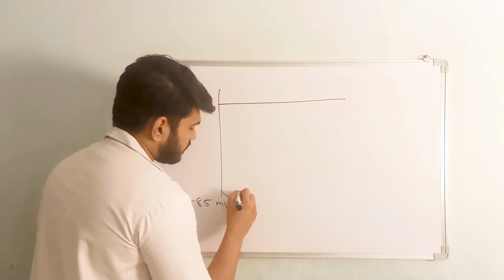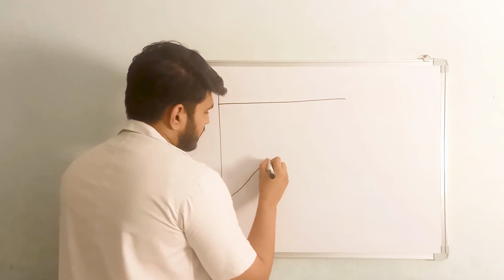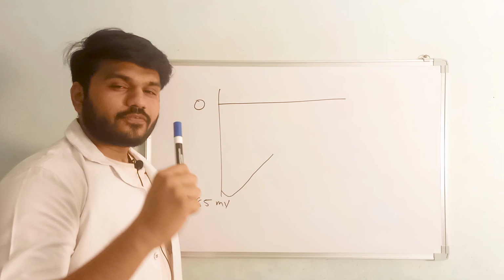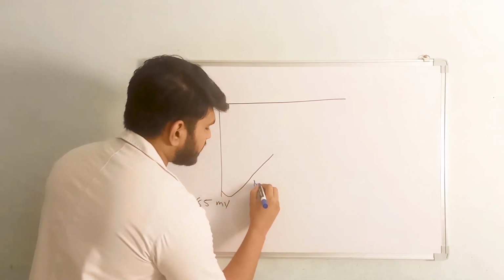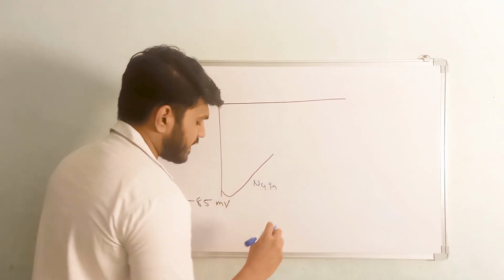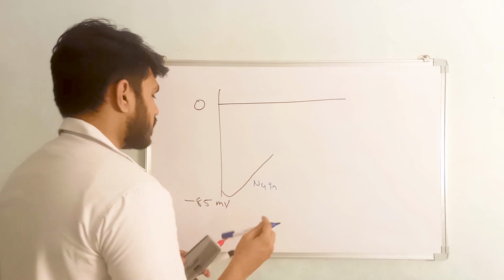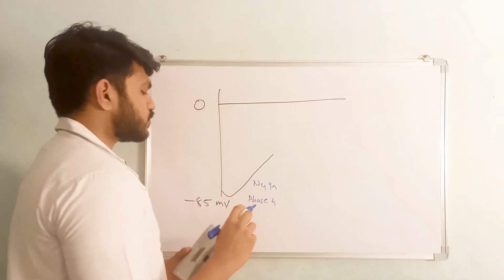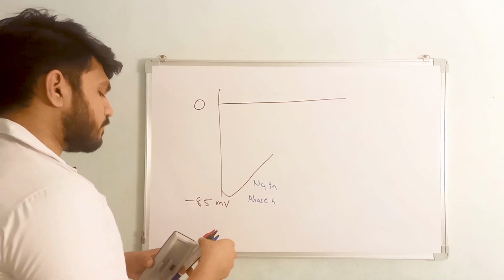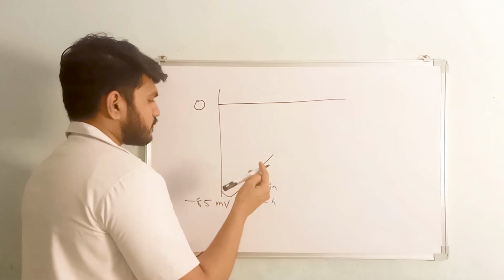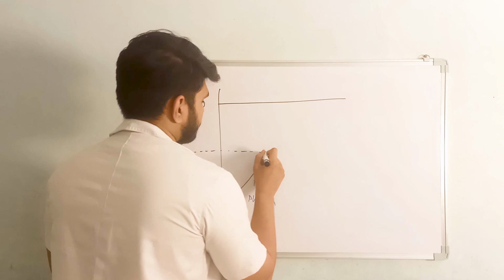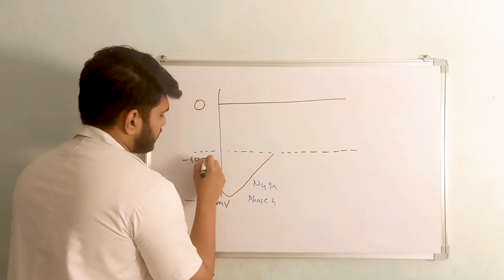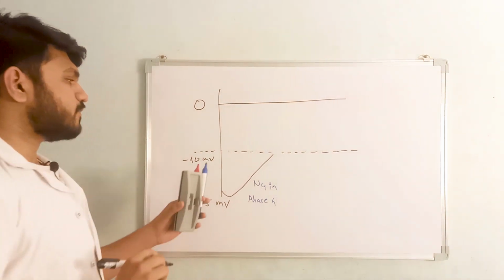So in SA node, sodium will start coming inside the cell in a very gradual way. This we will call phase 4. So this is slowly rising the membrane potential to minus 40 level. So this is our minus 40 millivolt.